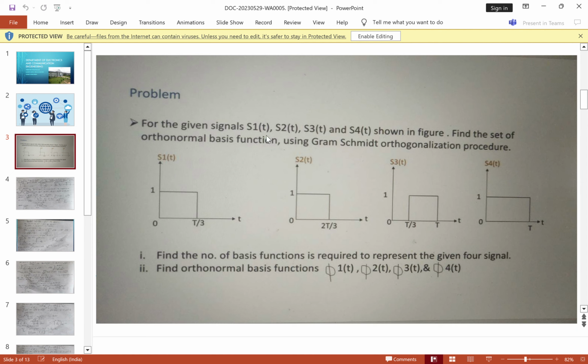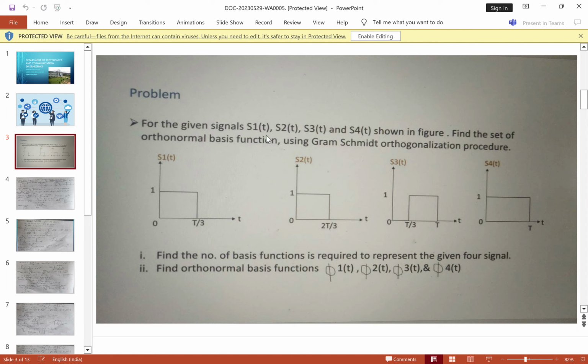So we get 2T/3 minus T/3, which equals T/3 joules. Now psi2(t) is equal to g2(t) by root of T/3, that is g2(t) times root of 3/T, which equals root of 3/T. So this is how we plot the signal.